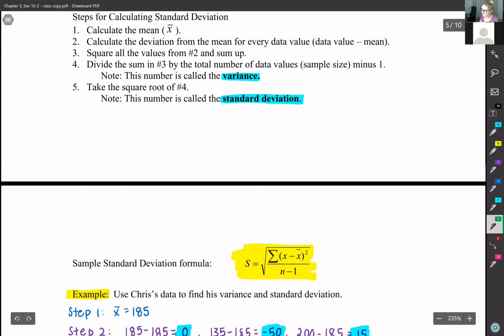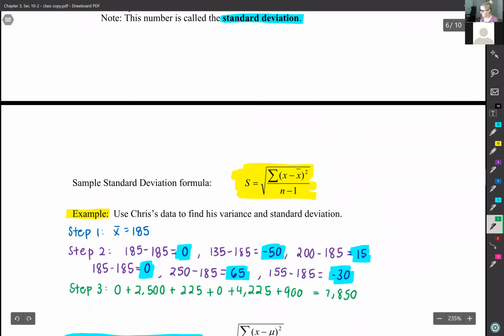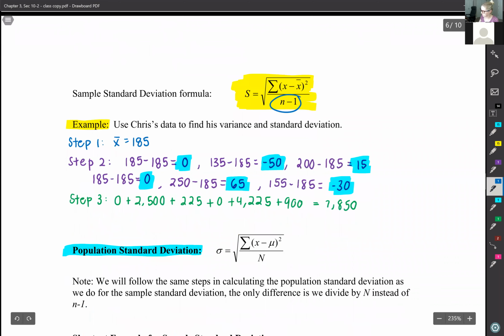So step 4 says to divide this number by the total number of data values minus 1. And that's because in our formula we have divided by n minus 1. So step 4 is to take 7,850, and we're dividing by 6 minus 1, because we had 6 data values, but our formula says to divide by 6 minus 1.